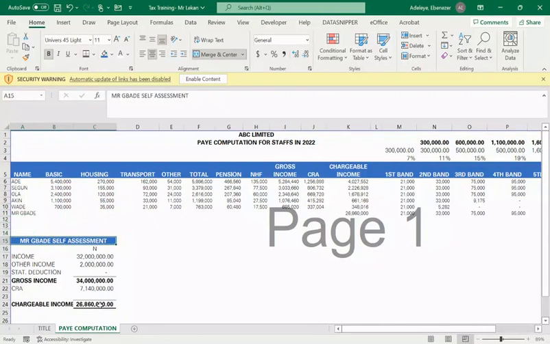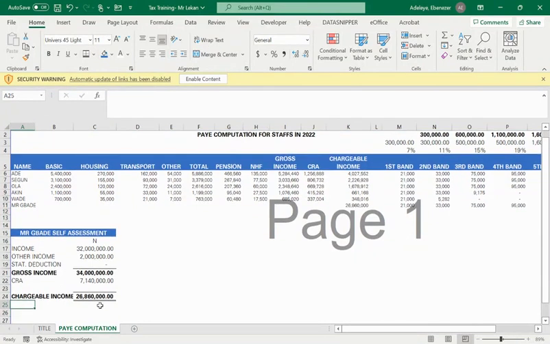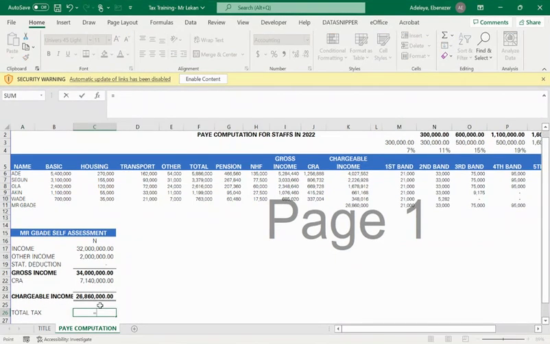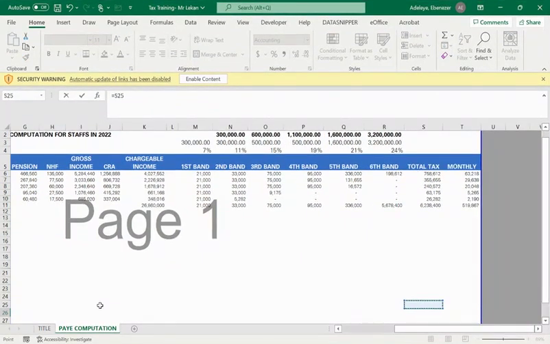So we can come here and now link the total tax liability, total tax. Just go to this place and link it to our total tax now.